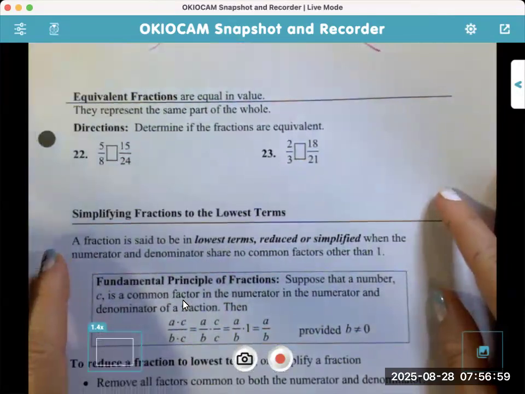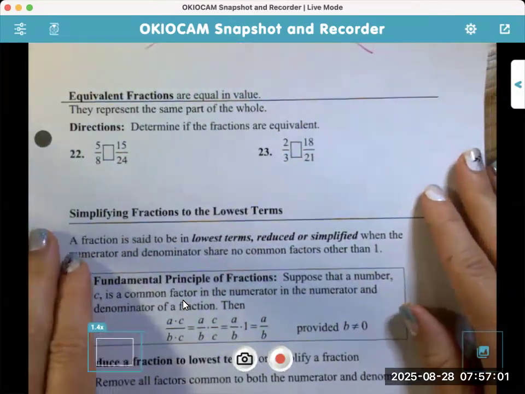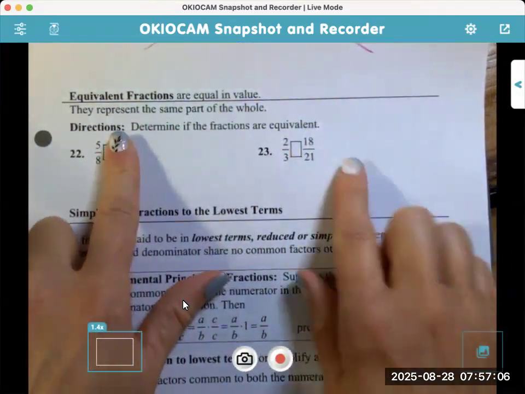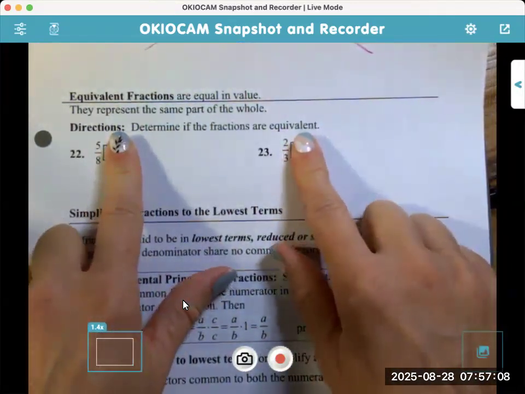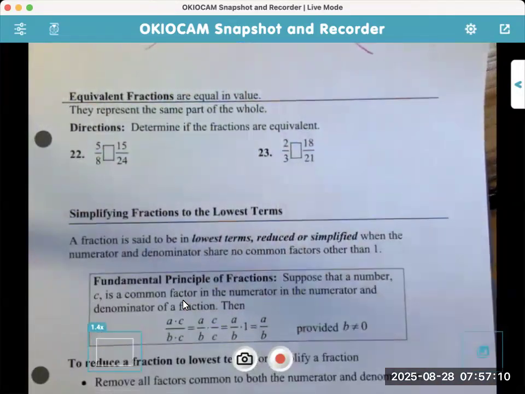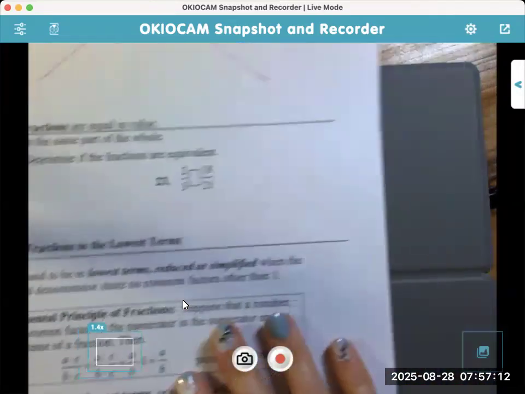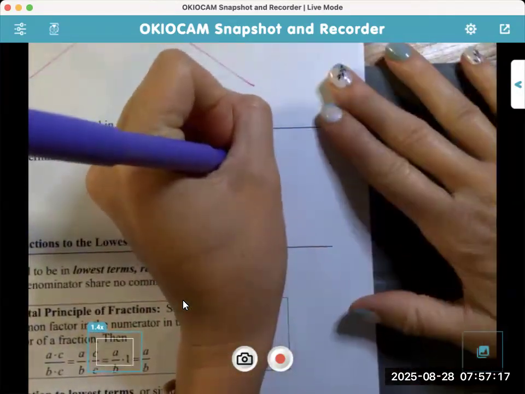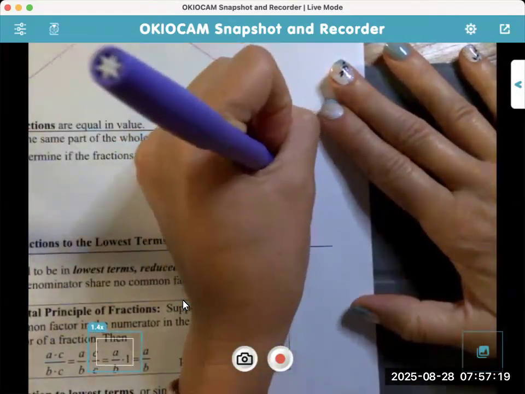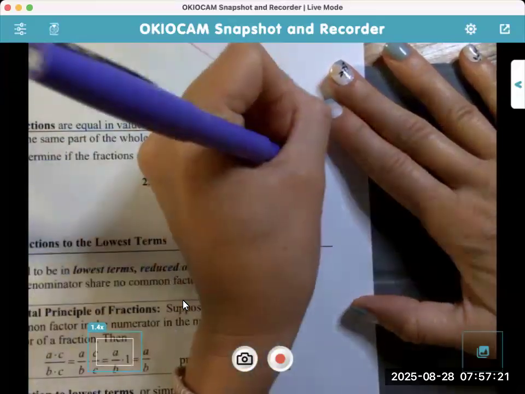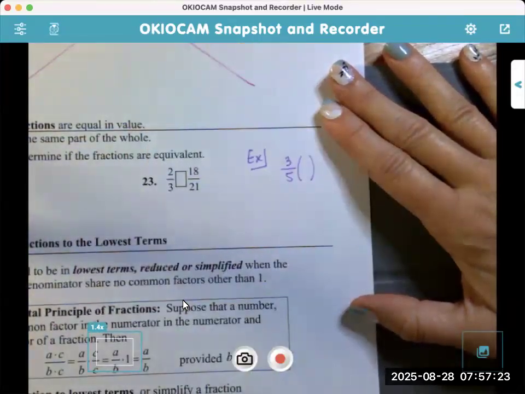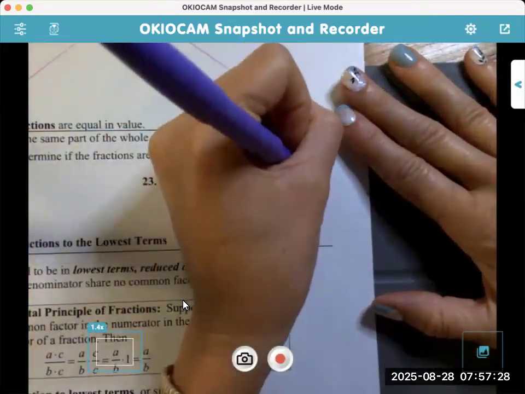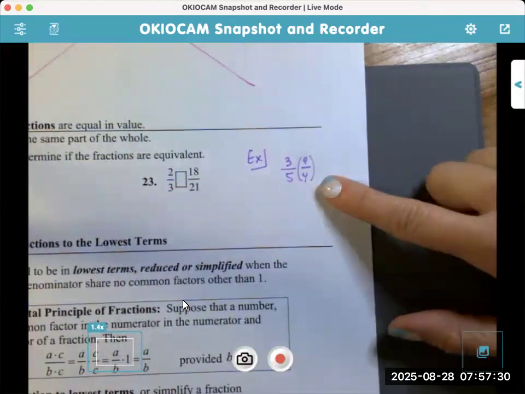So equivalent fractions. Determine if fractions are equivalent. Fractions are equivalent, basically, if I can multiply the left-hand side by a unit of 1, meaning something over itself, and get the same thing. So for example, if I have, say, 3/5, and I can do this because anything times 1 is itself, anything over itself is 1, so that's why it's a legal math move.